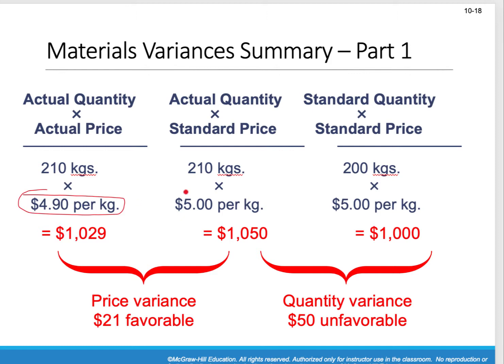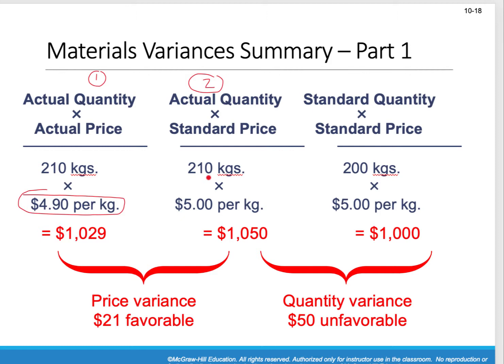So this is that equation 1 that we looked at. Here's equation 2, the actual quantity at the standard price. They told us that the actual quantity used was 210 kilograms, and that the standard price was $5 per kilogram.